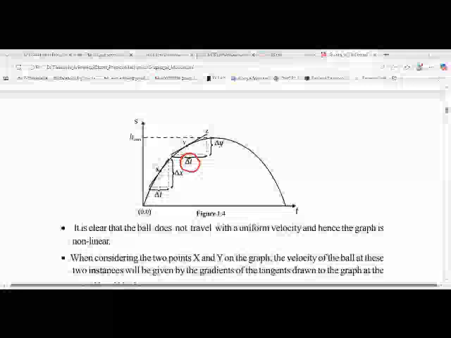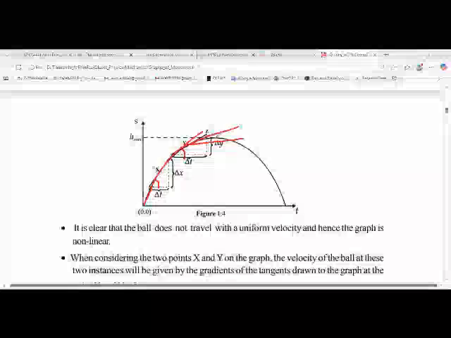Then you can see here this angle will decrease. When you go upward, this angle is decreasing. If you consider this point, its gradient angle is smaller than the previous case.